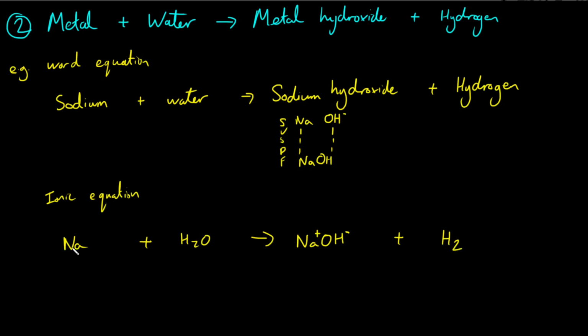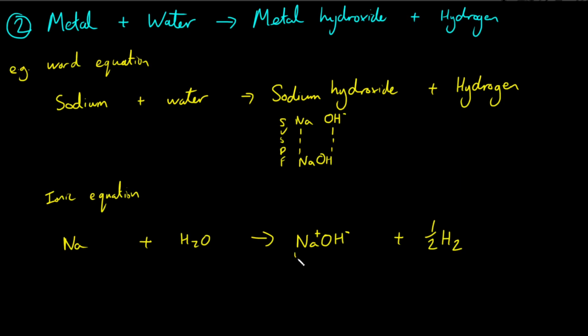And then let's just look through, is this equation balanced? I've got 1 Na here, 1 there, 2 hydrogens here, and 3 hydrogens on this side. So let's put a half in next to that H2, just to make sure we've balanced our equation as well. So a metal plus water produces a metal hydroxide and hydrogen gas.